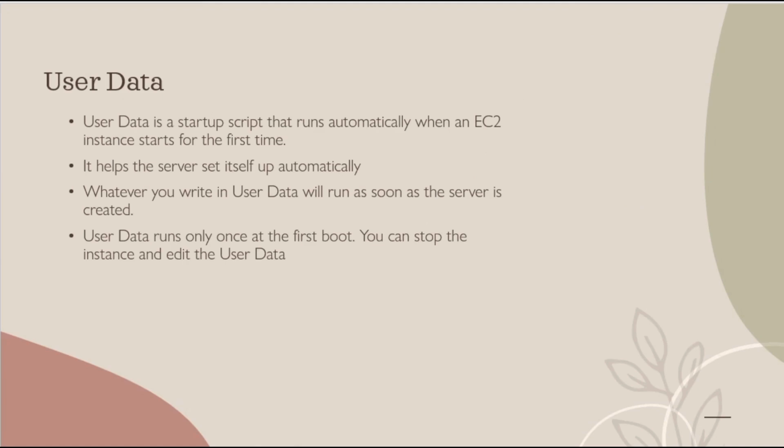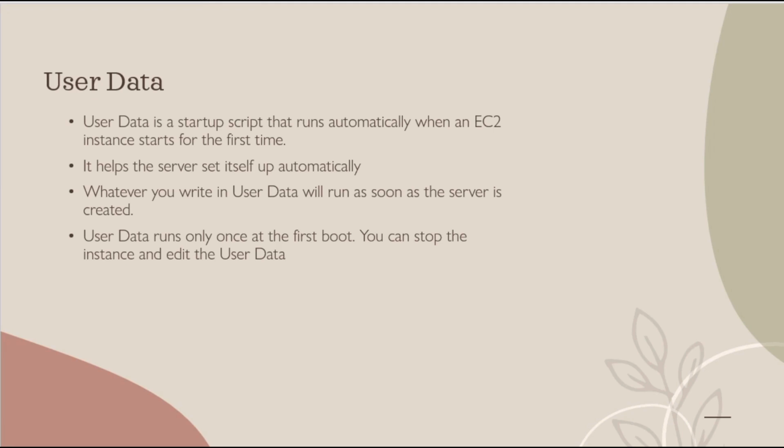Finally, user data. The user data is like a startup script, which means it will run automatically when an EC2 instance starts for the very first time. It helps us automate the initial setup tasks, which means instead of manually installing software or updating packages, we can use the user data to automate the initial setup.